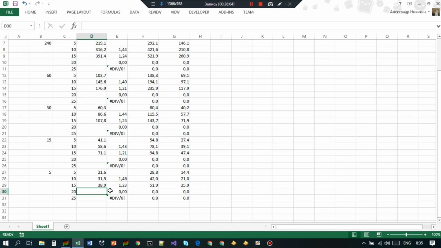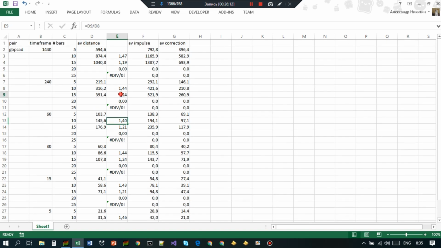Okay, 1.23, 1.22, 1.21, 1.24, 1.21, 1.24, and 1.19. Of course, daily has less data, less bars. The period is the same, but less bars.